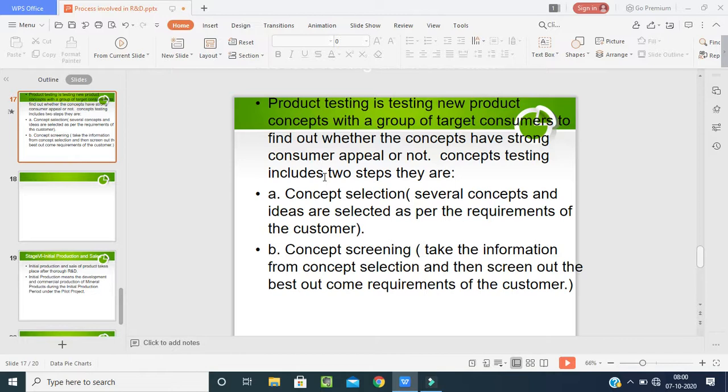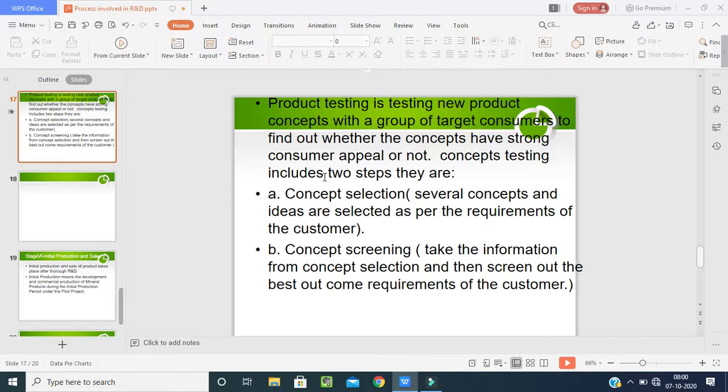The customers will see the features of the product and purchase it. So what is the main work of the R&D department? They will test whether this product will run in the market or not. They will take some product and go for the introduction, like if I take an example of a four-wheeler car.